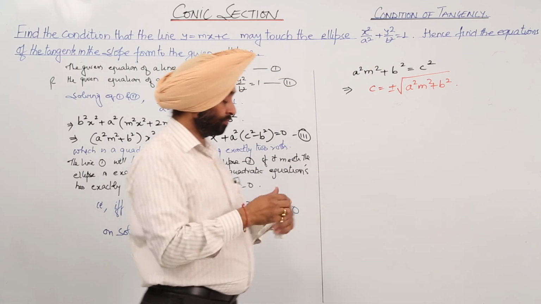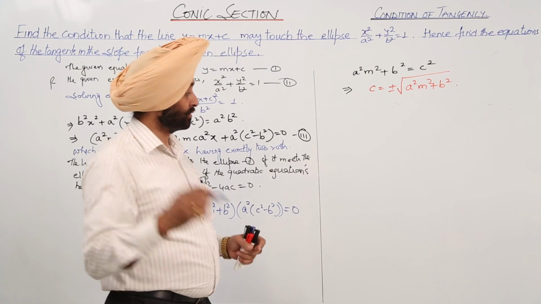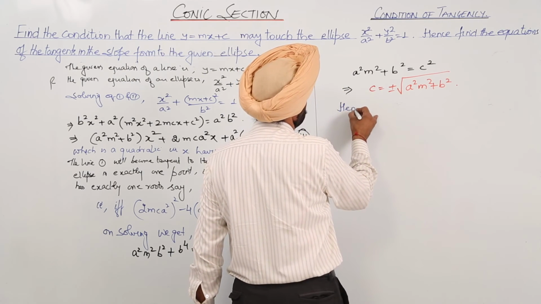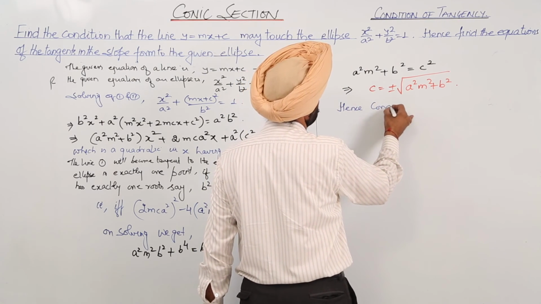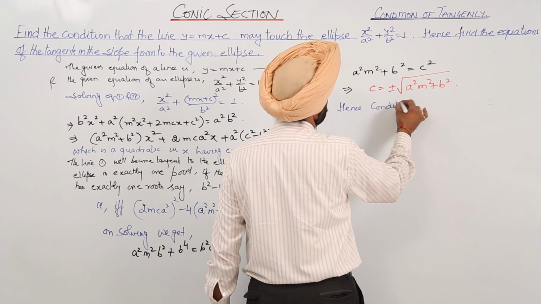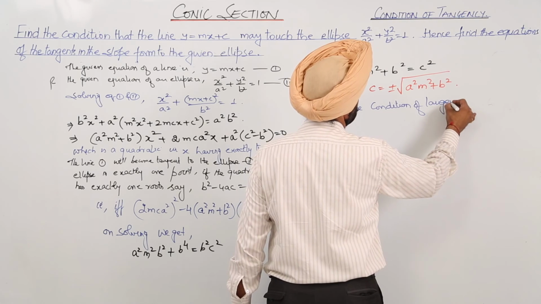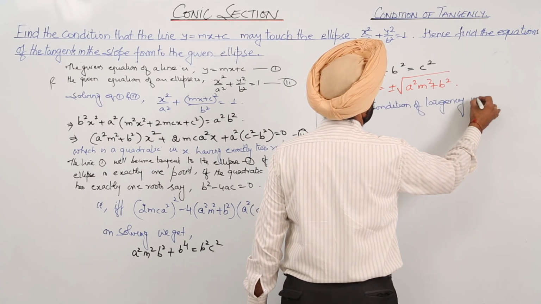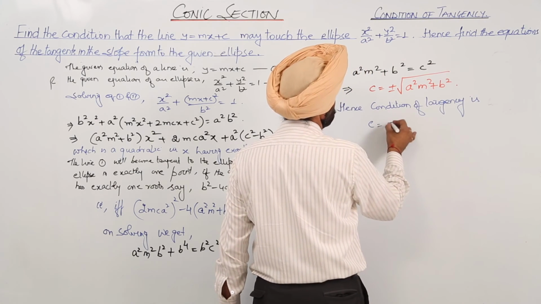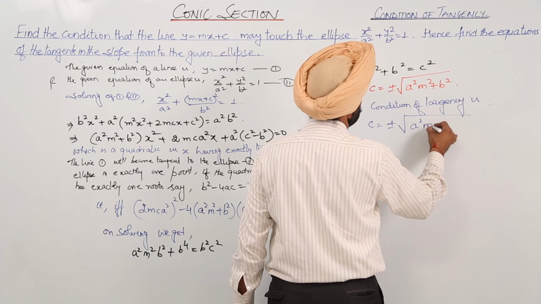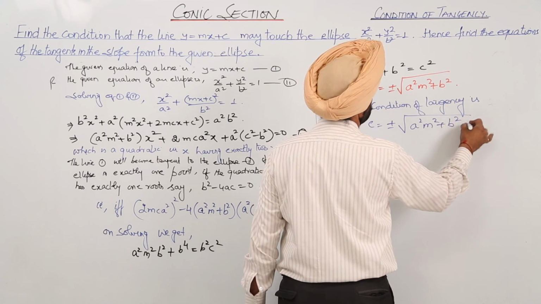Now we got the value for c. Hence the condition of tangency is c is equal to plus minus square root of a square m square plus b square.